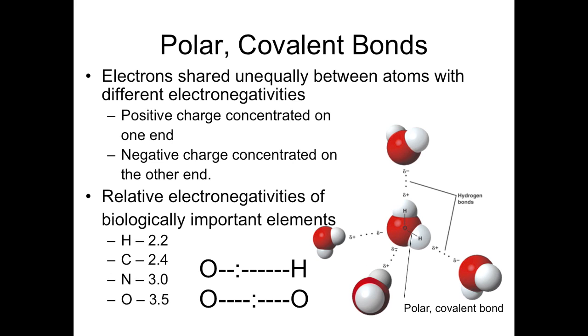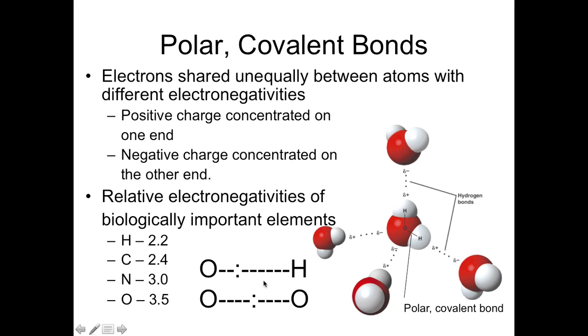So you can tell, is there a large difference between the two atoms? So will this form a polar bond, or is there a small difference in electronegativities between the two atoms, so there won't be such an unequal sharing of the electrons.